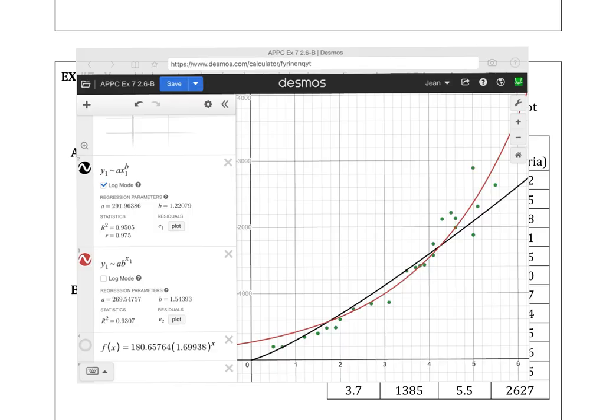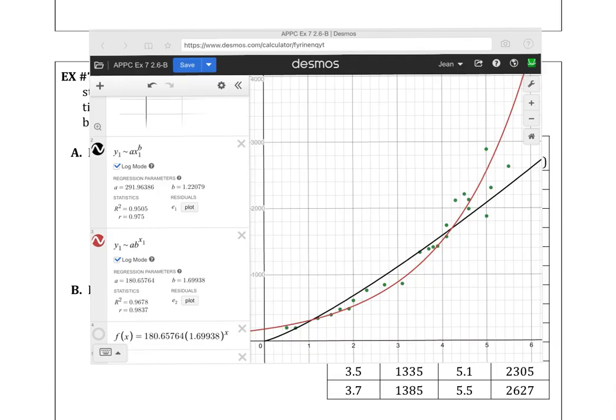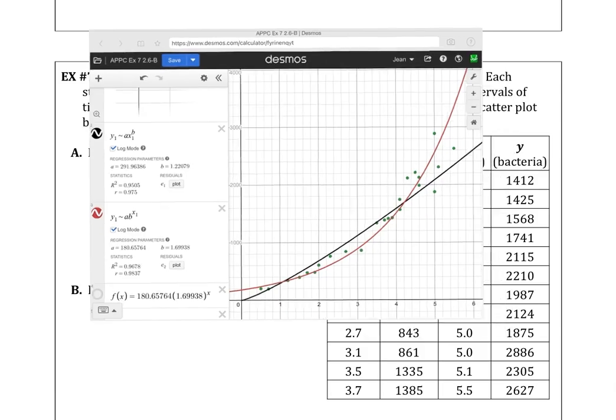So we're going to keep that log mode on, and you can tell our regression, the A value is 180.65764, and the B value is 1.69938. We want to go record that on our notes.